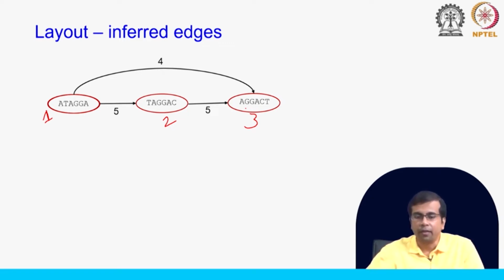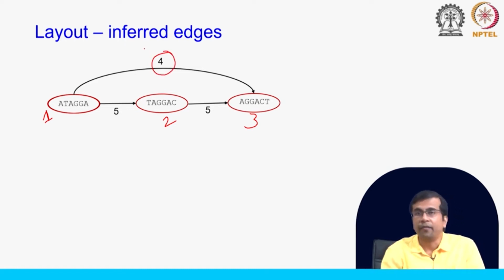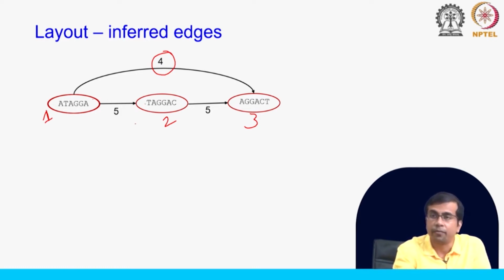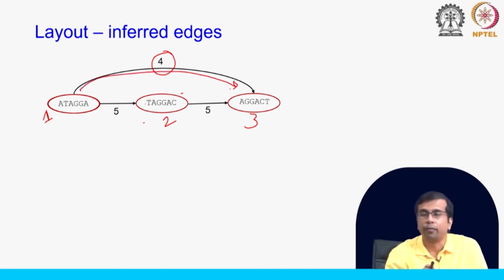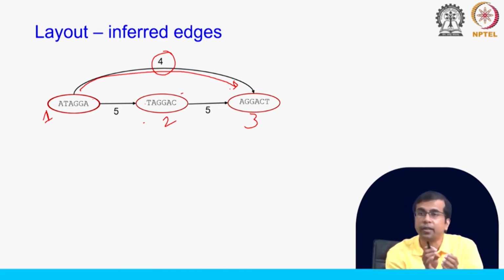Now, in this graph, one thing you probably notice immediately is that this edge here can be inferred if we have the information that these 2 reads have a 5 base overlap and these 2 reads have a 5 base overlap. You can infer that these 2 reads here will have a 4 base overlap. Why? Because of the constraint that we impose when building the overlap graph. We require the suffix of node 1 to align with the prefix of node 2.